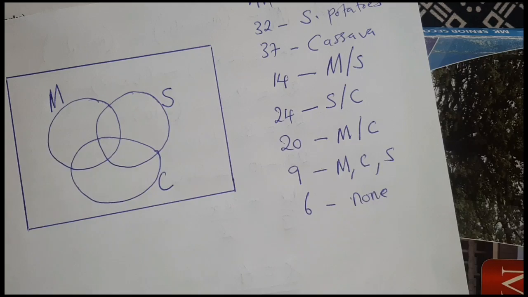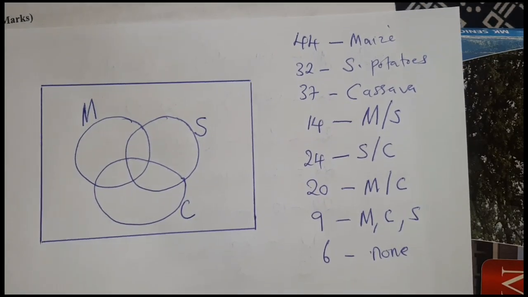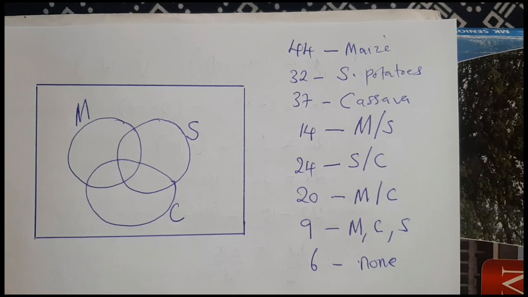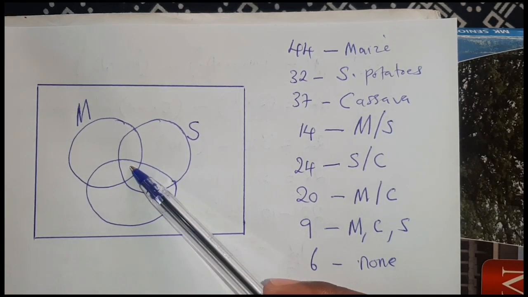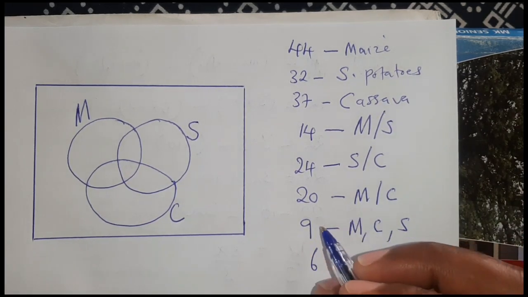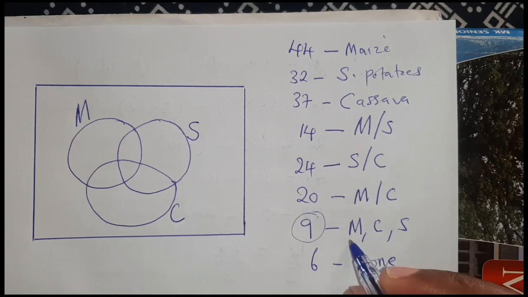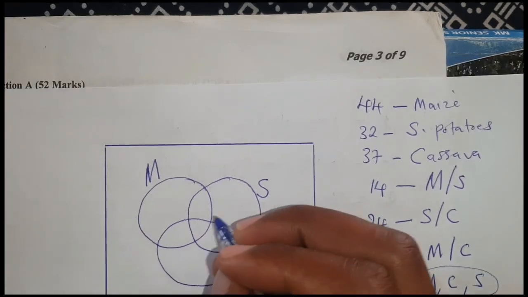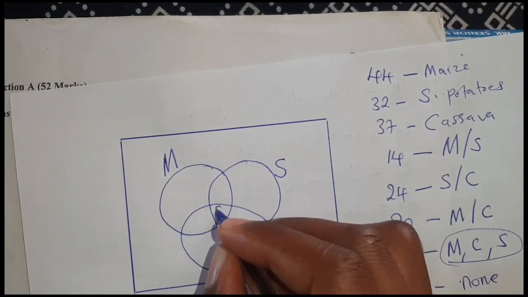So let us try to put the information now on the Venn diagram given. Okay. So looking at the information, the first step that you need to take is first of all to put in the information on the intersection of all the 3 sets. So looking at these, we only have 9 that planted all the 3 crops. So we are going to put a 9 in here.